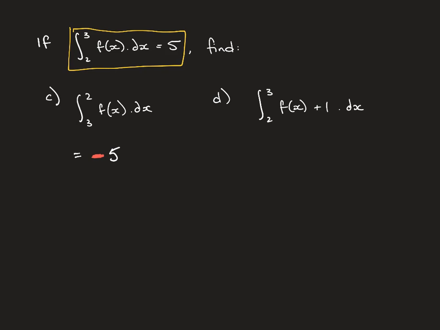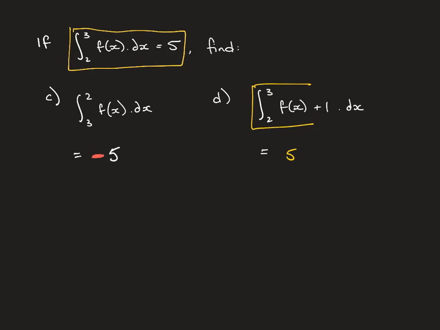And then finally, another one where we are integrating f of x from 2 to 3, exactly the same, plus 1. So we're going to put this down as being equal to the integral, this section here is 5.